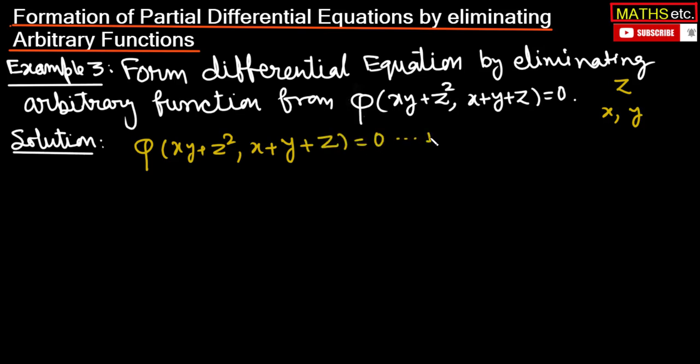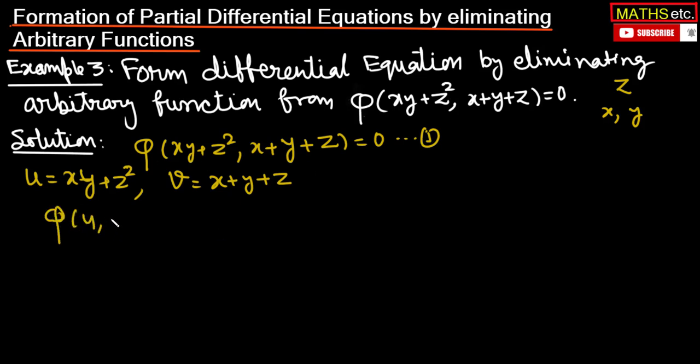This is equation number 1. Let us take u variable as xy plus z square and v variable as x plus y plus z. So equation 1 becomes phi of (u, v) equals to 0.